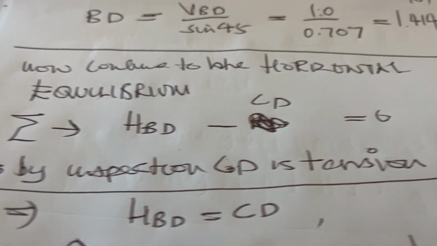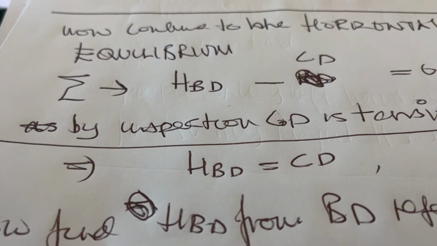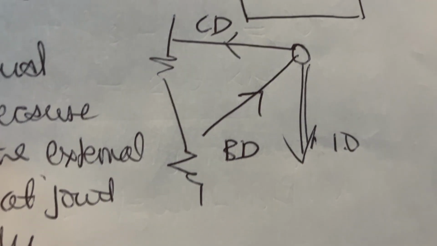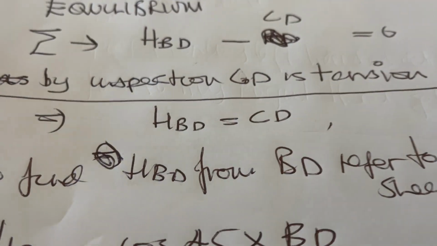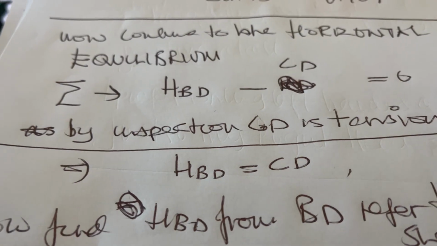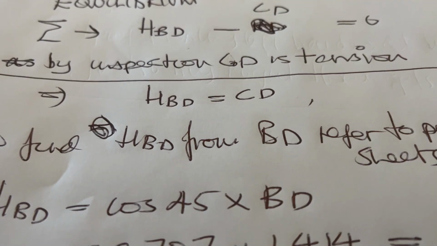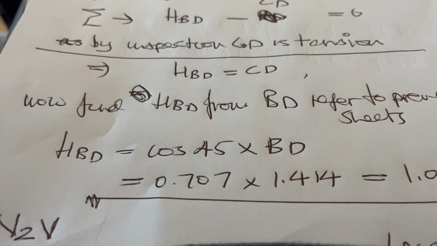Now continue to take horizontal equilibrium. Back to the diagram. HBD minus CD equals 0. By inspection, CD is in tension. HBD equals CD. Now find HBD from BD. Refer to previous sheets.